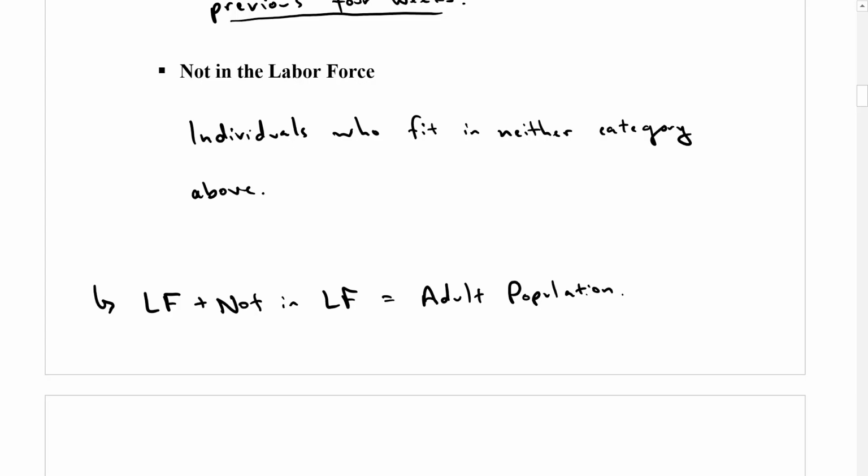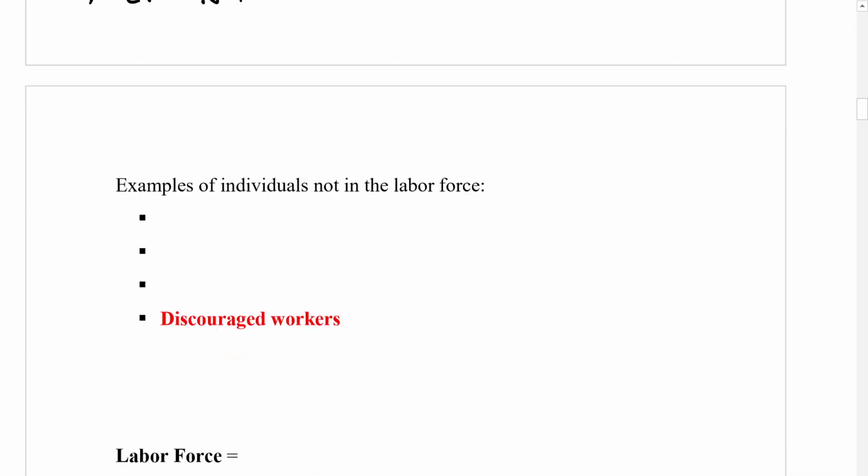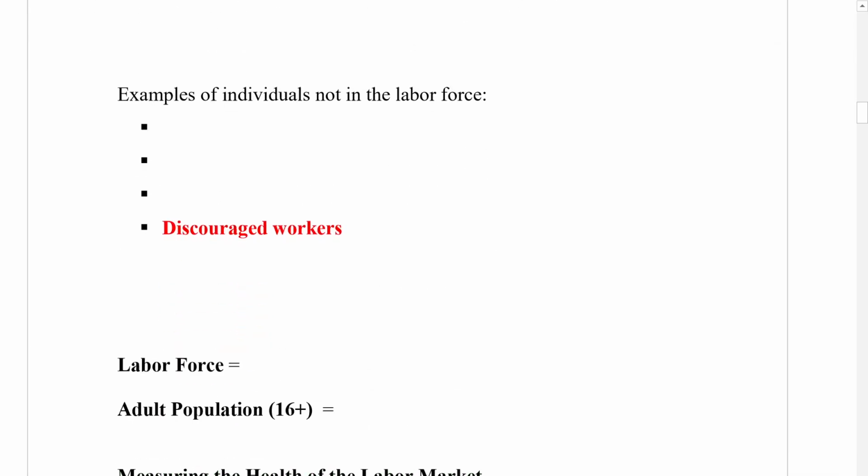Okay, so to think about examples of individuals not in the labor force, we have several. So, first of all, we could have retirees because they're not working for pay and they're not actively searching for a job.